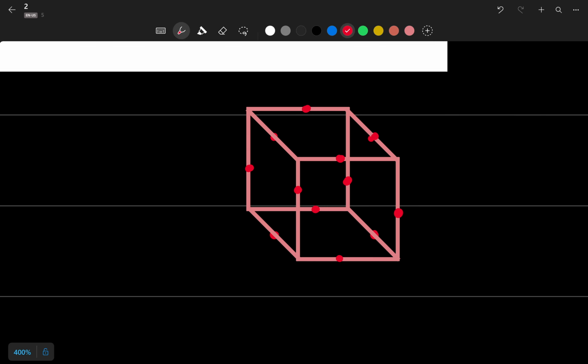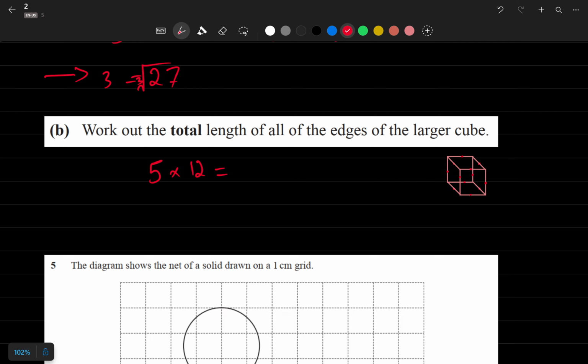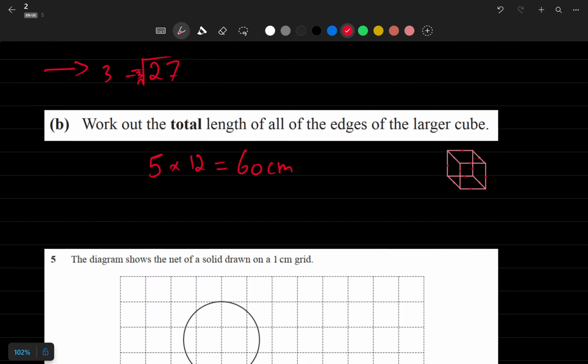Okay, so there are 12 sides of a cube. So it means the perimeter will be 5 centimeter multiplied by 12 sides. The final answer for this will be equal to 60 centimeter.